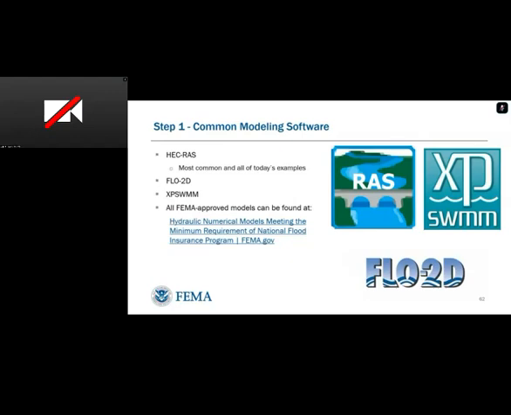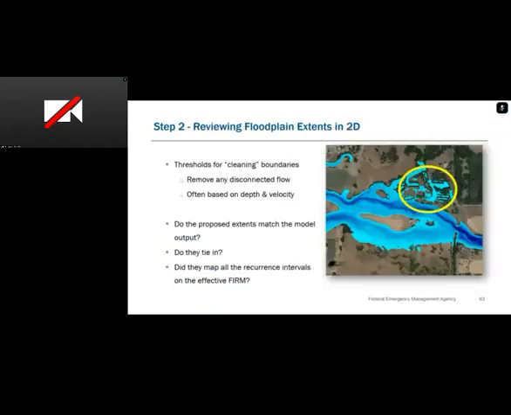The other software you might see more commonly are Flow2D and XP Swim, but they're a little more complicated and a little more experience is required. So you don't have to know all of these software as we move forward today, but these are what you'll commonly see for reference. And then step 2 will be reviewing your floodplain extents in a 2D situation.